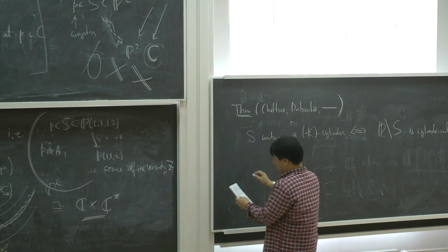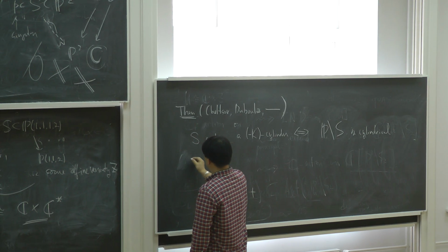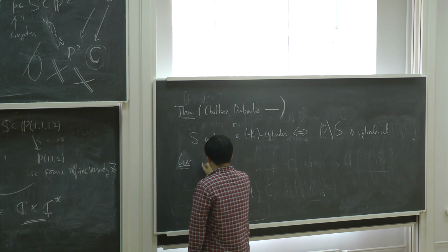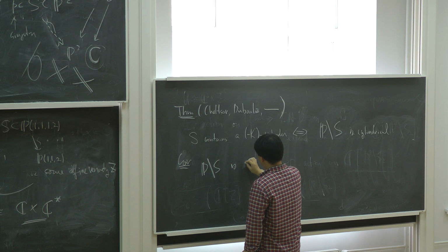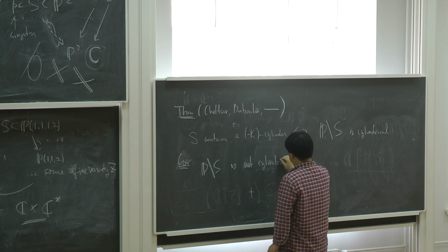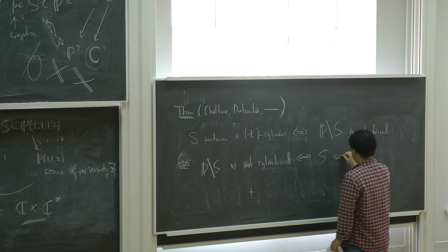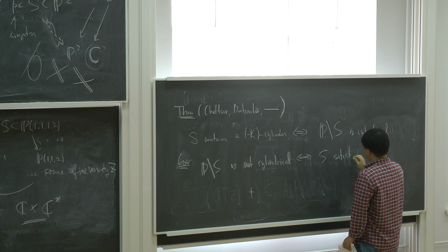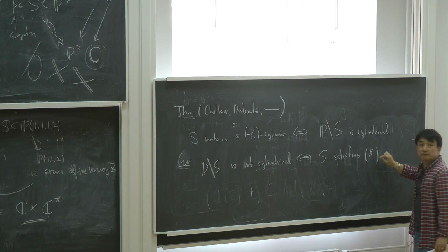So the corollary: the complement to S is not cylindrical if and only if S satisfies this condition.